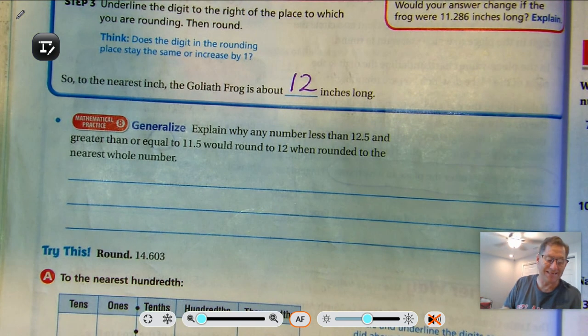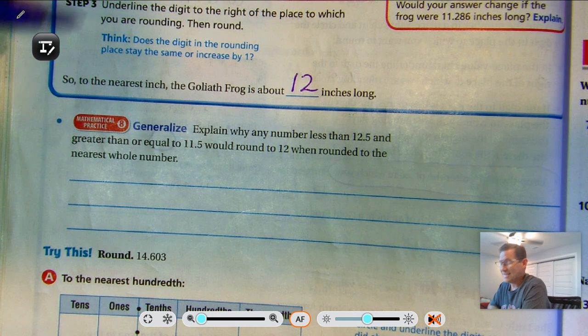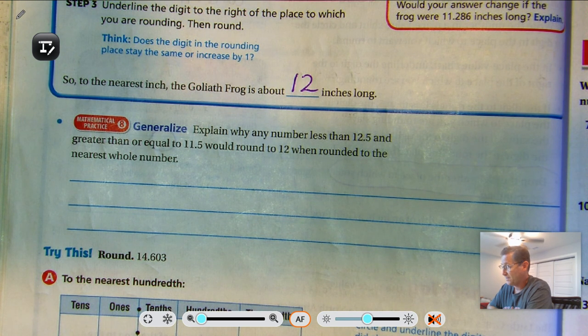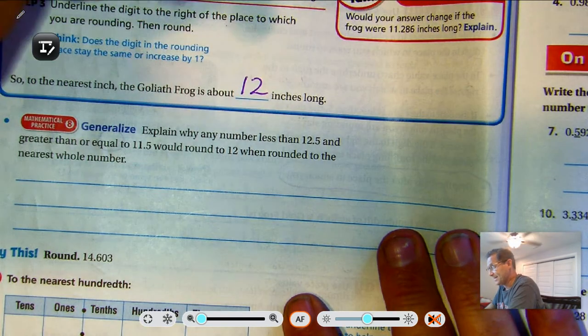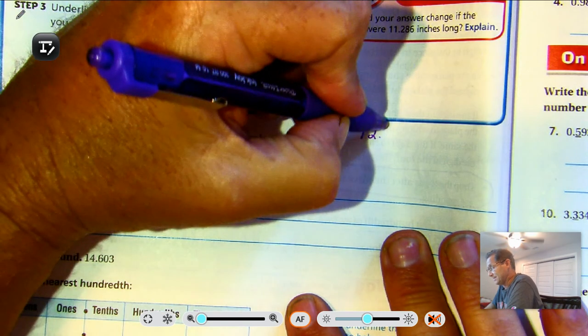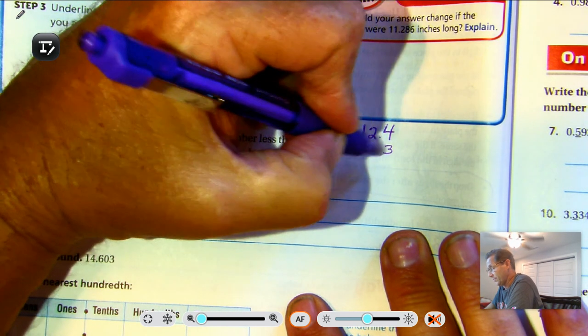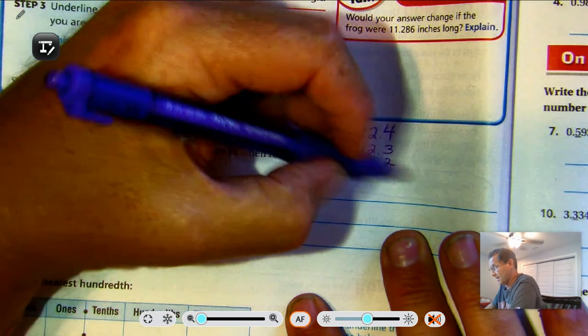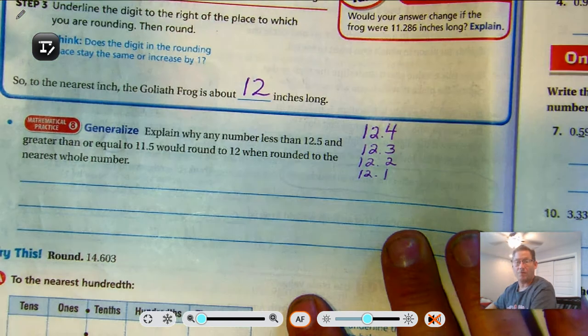All right, explain why any number less than 12 and a half and greater than or equal to 11 and a half would round to 12 when rounded to the nearest whole number. So they're saying any number less than 12 and a half. Any number less, so 12.4, 12.3, 12.2, 12.1, so on, right?